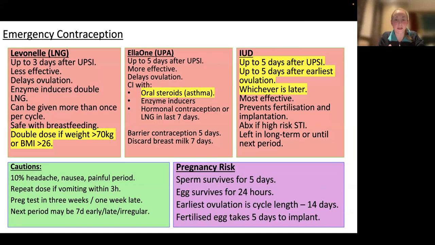This is a really classic OSCE station because it incorporates both history taking and deciding which emergency contraception to use. There are 3 types. The IUD, which is the copper coil, which is not the same as the IUS, the Mirena coil, is the most effective one.